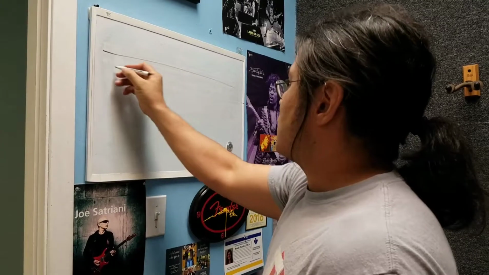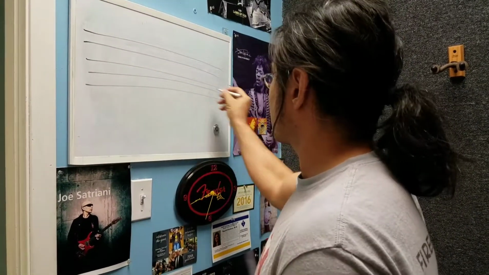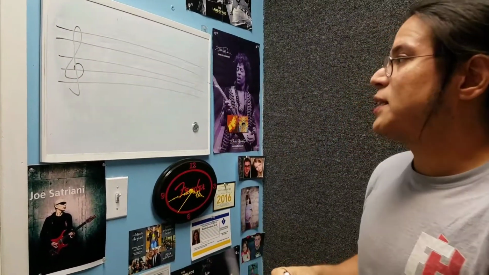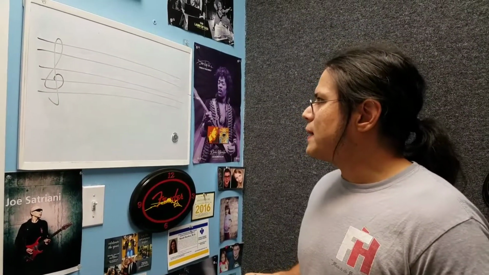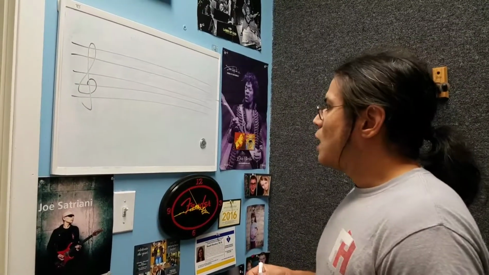Let's start with our staff here. So once again, the triad is the simplest of chords, and let's start by talking about how chords are built in Western music, as opposed to Indian or Arabic music.